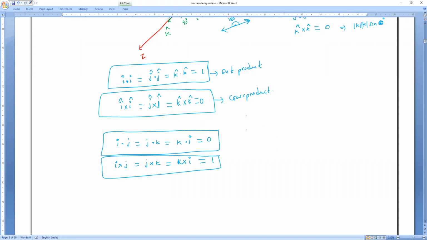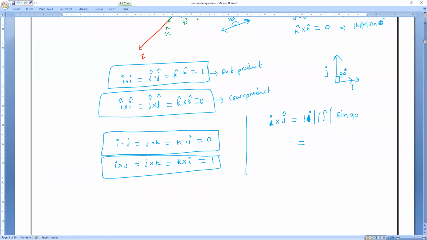So how, sir? Let us prove it. Let me take I cross J first. Is it okay? Clear? Yes, sir. What will come? Mod I into mod J into sine of the angle between them. Everybody, this is I, this is J. What is the angle between them? We all know 90 degrees. So sine 90.